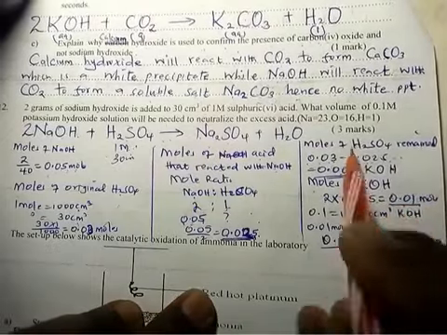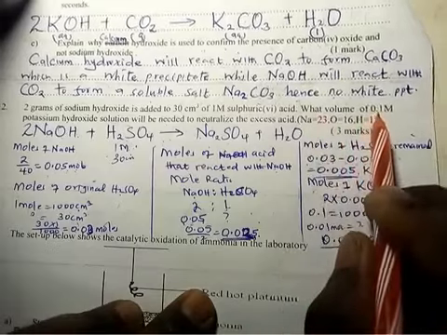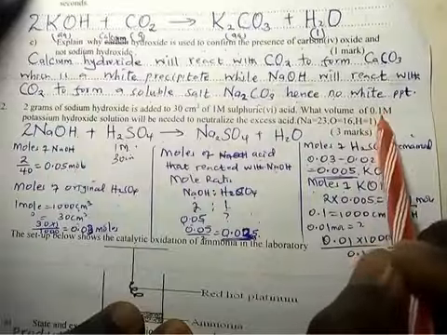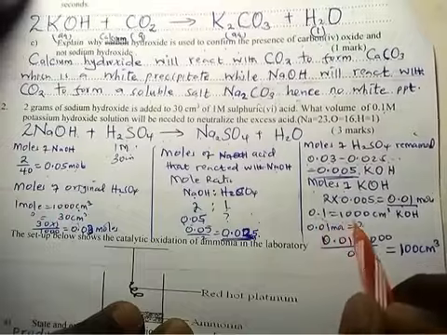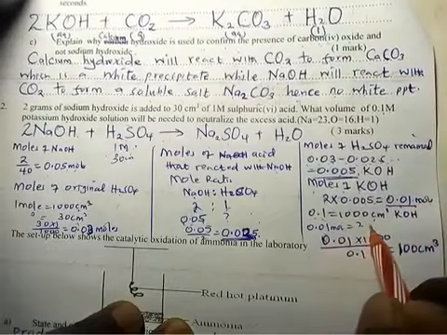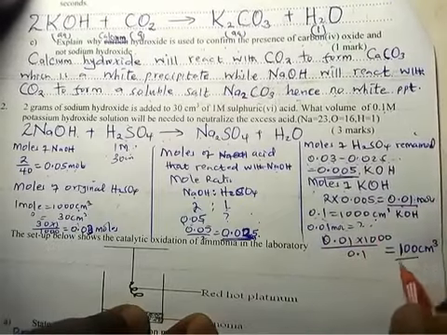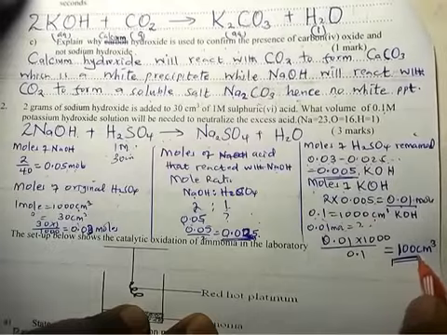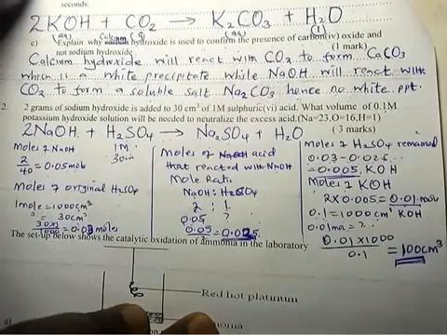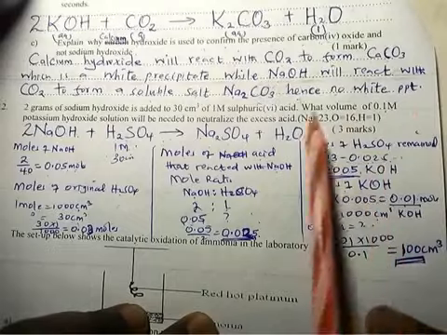Lakini tunajua molarity ya potassium hydroxide ilikuwa 0.1 molar. Sawa? In 1,000 iko hii. So tutauliza this moles of potassium hydroxide itakuwa ngapi? So itatupea 100, and that is the volume of potassium hydroxide which will react with excess acid.